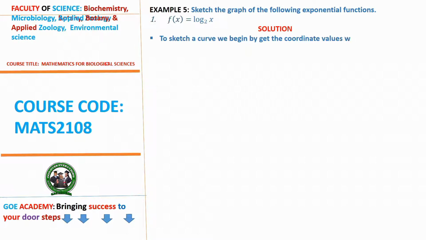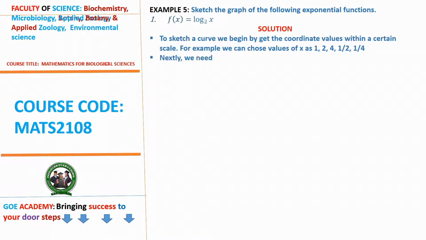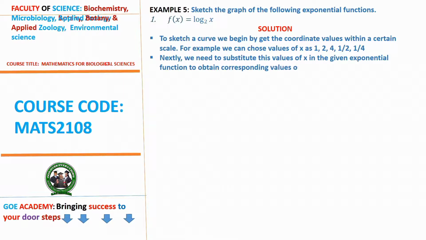The way you get the values is a little bit different. To sketch a curve of this form, we need to choose values of x as say 1, 2, 4, a half, and 1 on 4, and then we proceed by substituting the corresponding values of x in our function in order to obtain the corresponding values of y, as we know.